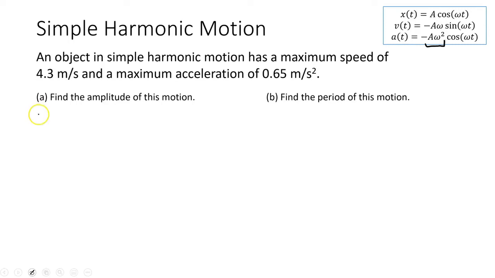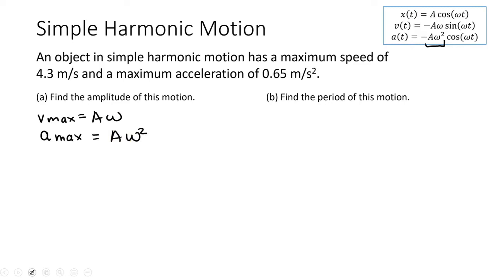So just looking at that box, I see that v max is going to be equal to A times omega. And we should see also that little a max, the maximum acceleration, is going to be A times omega squared. Okay, and so that means I have two equations that relate two unknowns, one is the amplitude and one is omega.